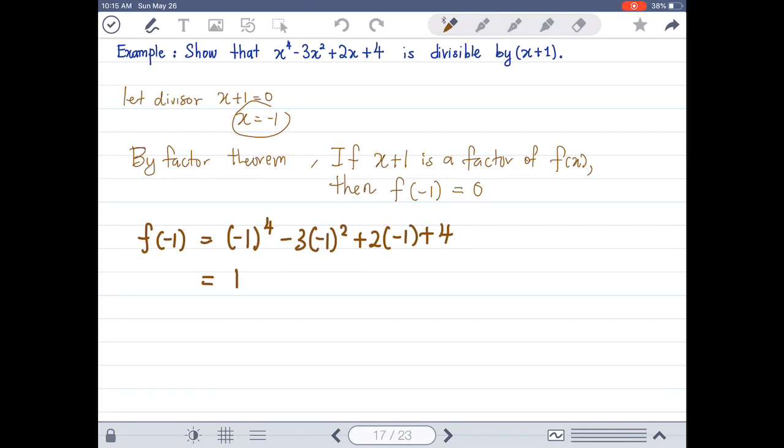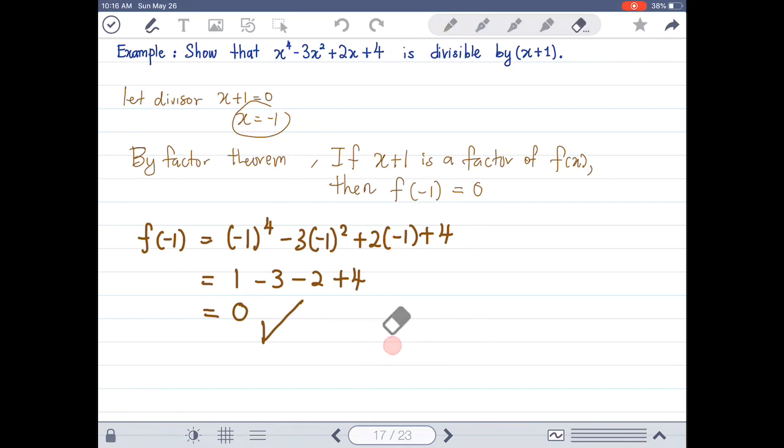So obviously the first part we get 1, second part we get minus 3, third part we get minus 2, fourth part we get 4. So when we add everything, you should get 0. Yes, we can confirm that x plus 1 is a factor.